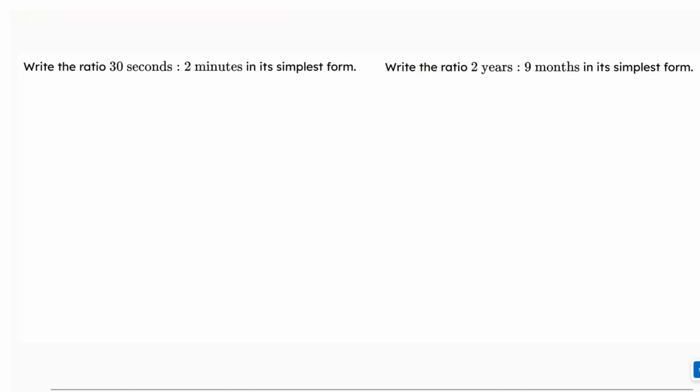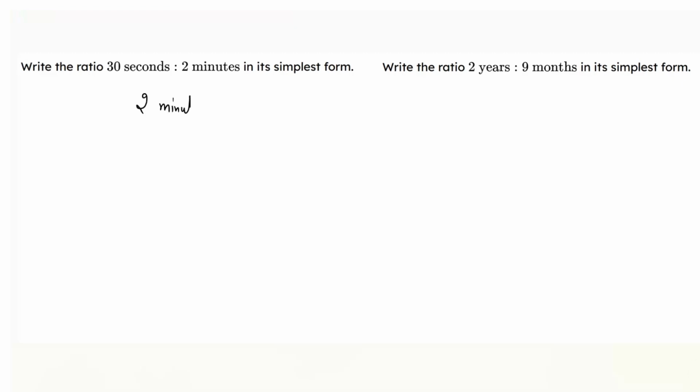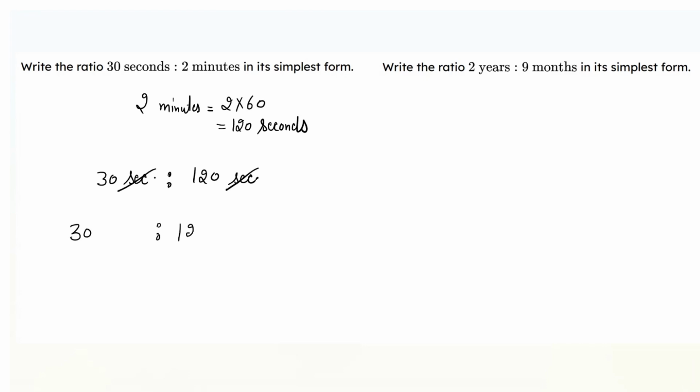So 2 minutes is equal to 2 into 60, which is equal to 120 seconds. Now, in place of 2 minutes, I can write 120 seconds. Now the units are the same, we can cancel them. First I will divide it by 10 because both are divisible by 10.